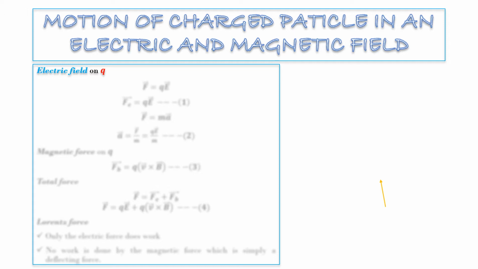So when we pass a charge through a wire, there is a space in which a force will act. That region is called the electric field on Q. We can write the equation as force equal to QE. Here Q represents the charge and E represents the electric field.